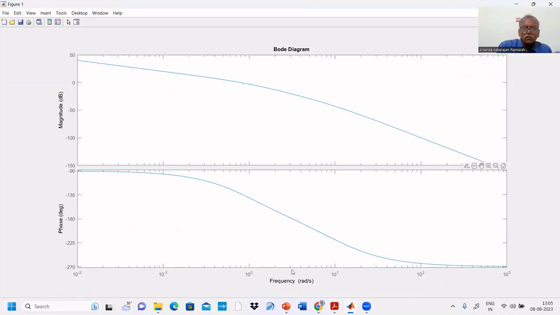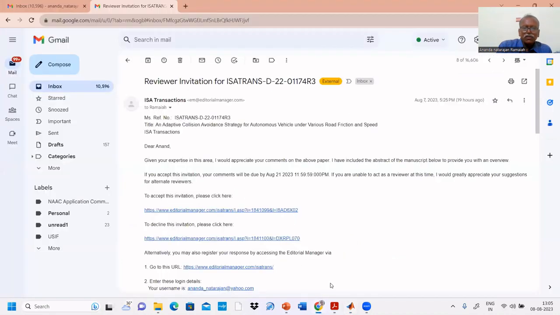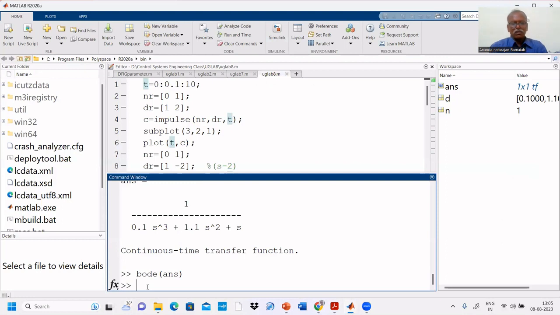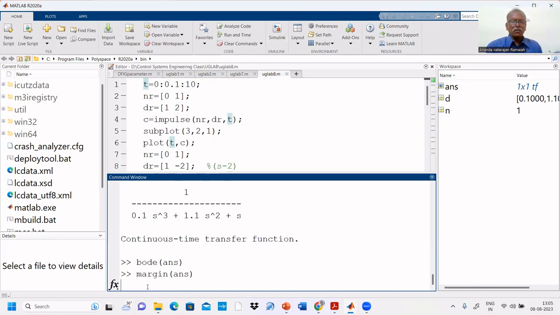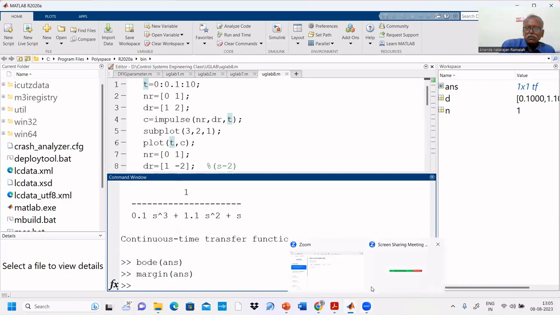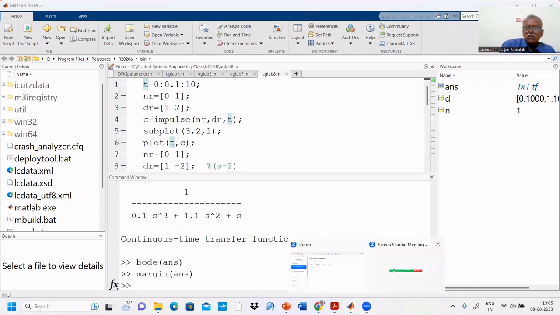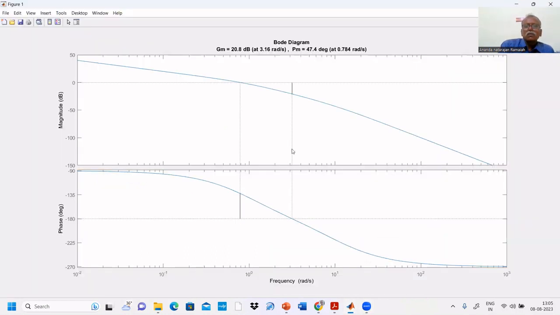Now to get the phase margin and the gain margin, we have to call the function called margin. The transfer function is available in ans, so we call margin.